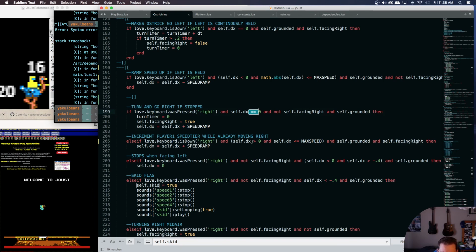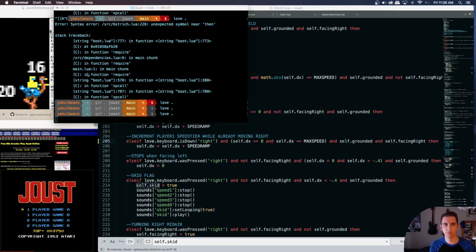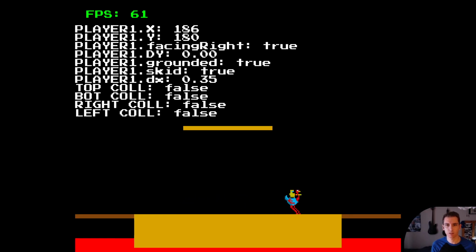But this one would. No. Greater than or equal to 0. That would overwrite some stuff.